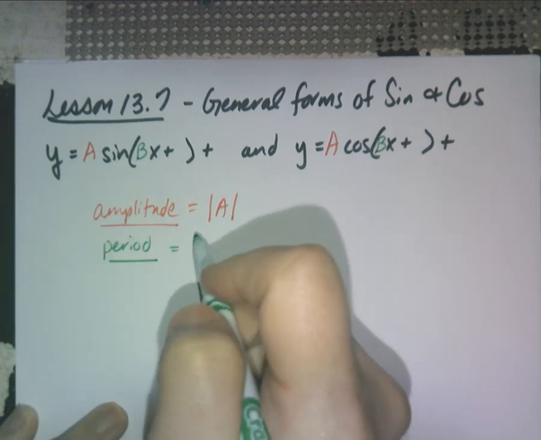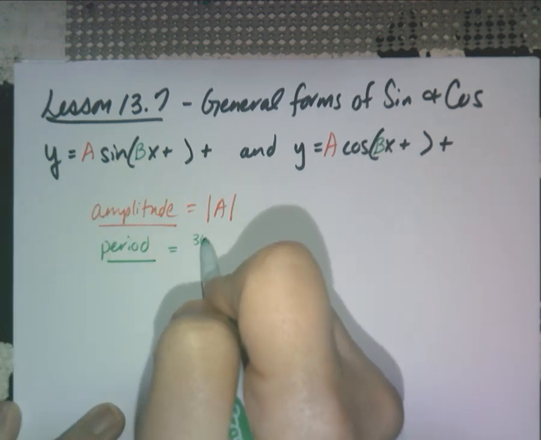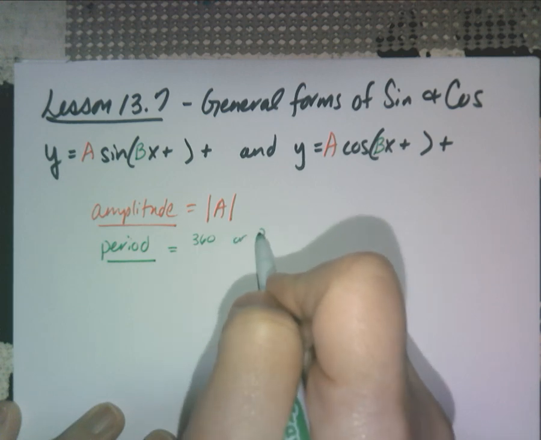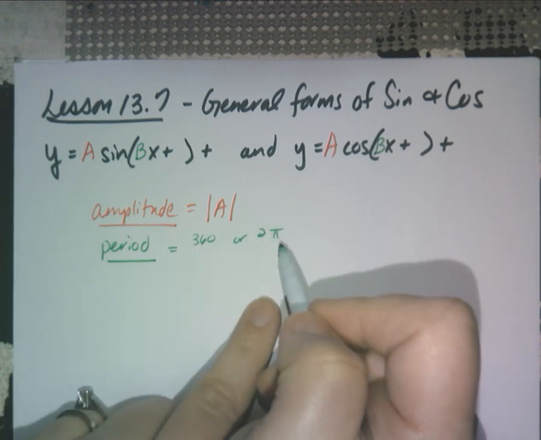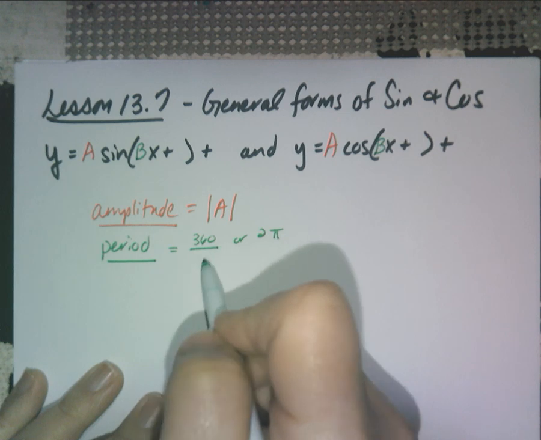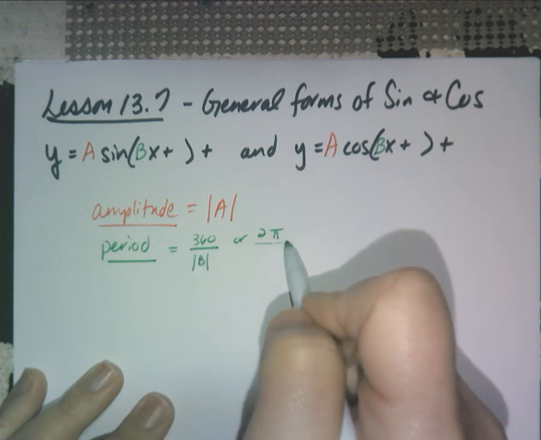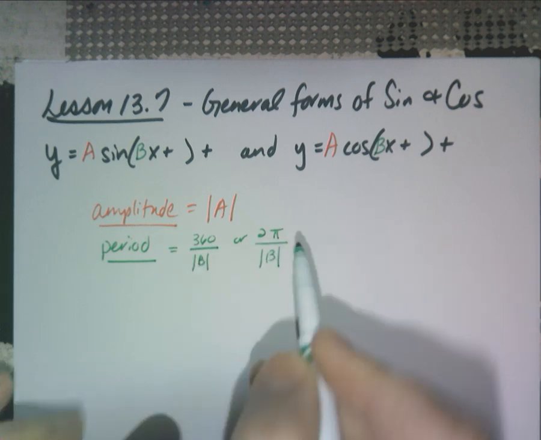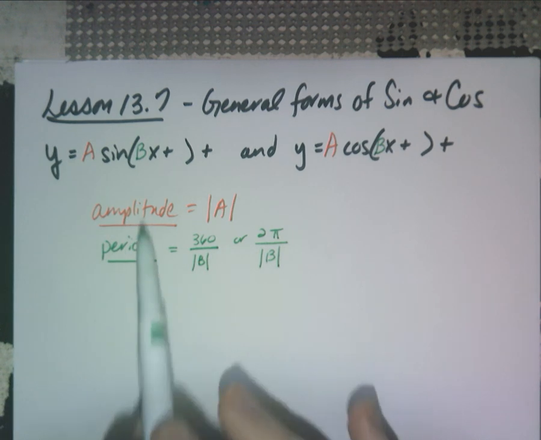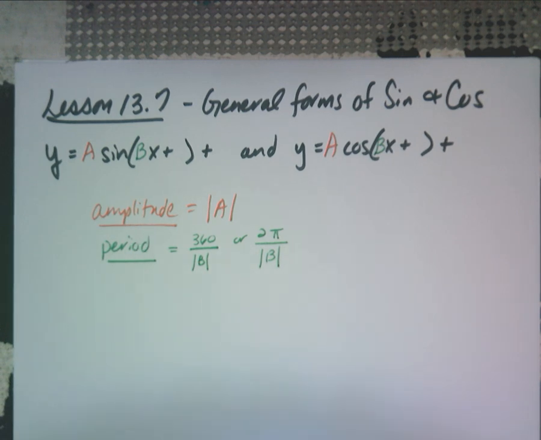Then what you do is you take 360 or 2 pi, because we're going to be actually working with pi today, and you divide it by the absolute value of that number. By the way, these two are the two of the most commonly found questions on ACT and SAT about the trigs. I don't know why. They like the amplitude and the period. They always talk about it most often.